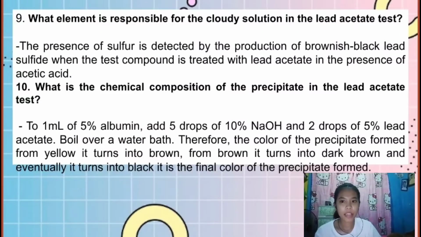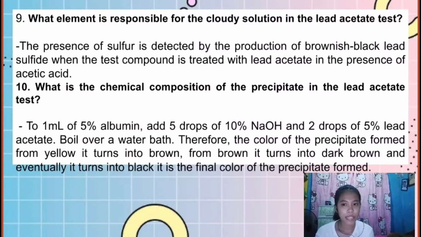Question number 9. What element is responsible for the cloudy solution in the lead acetate test? The presence of sulfur is detected by the production of brownish to black lead sulfide when the test compound is treated with lead acetate in the presence of acetic acid.